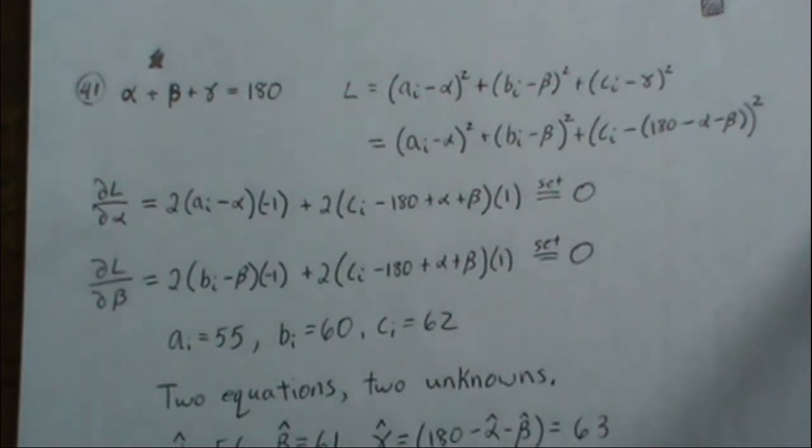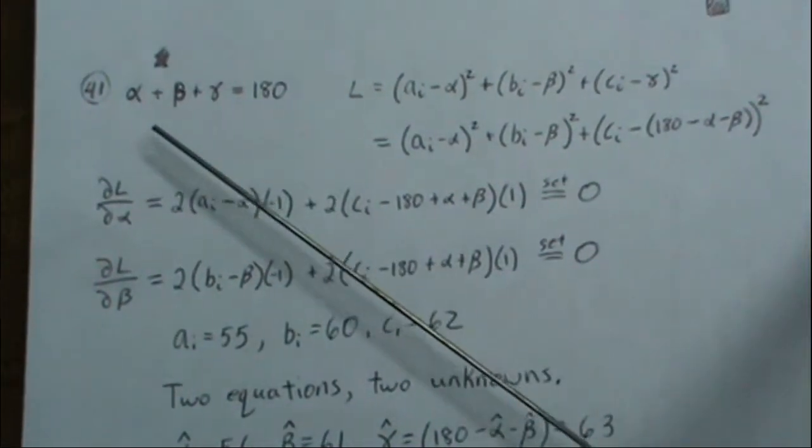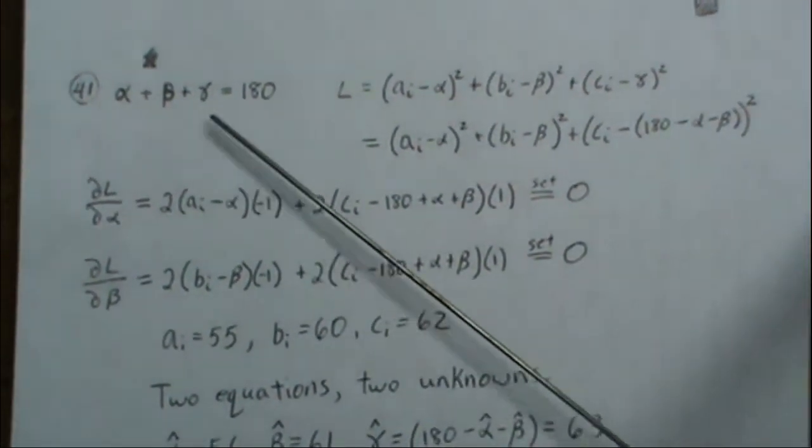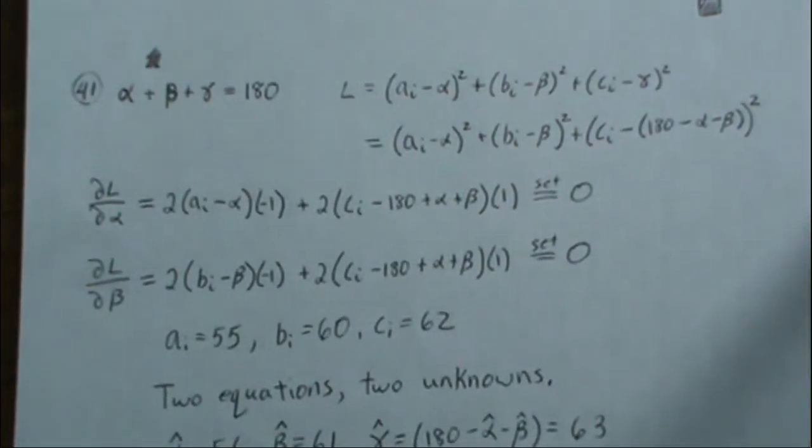Problem 41, we're given a triangle and we estimate each angle with A, B, and C, and we want to find out what the least squares estimate of those angles are. Remember that we're trying to find angles alpha, beta, and gamma, and we know the restriction that they add to 180.